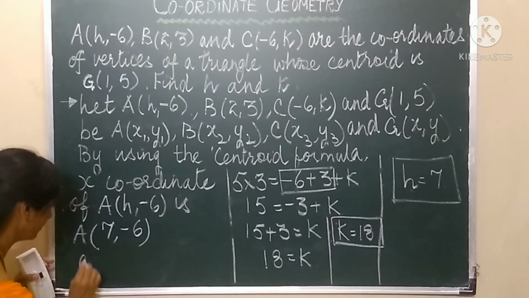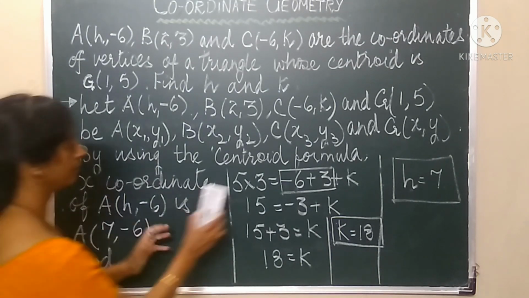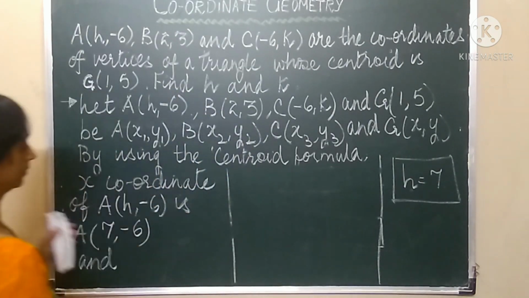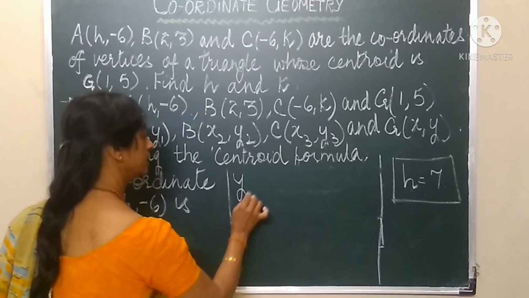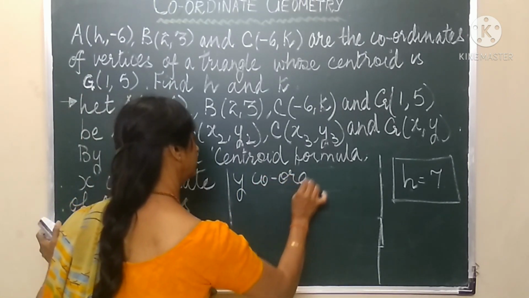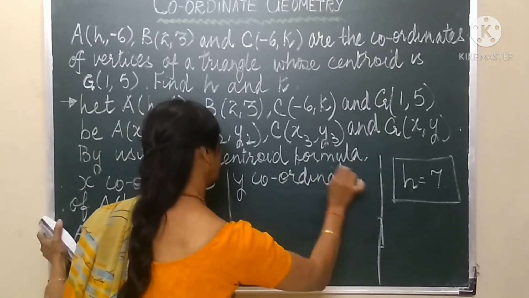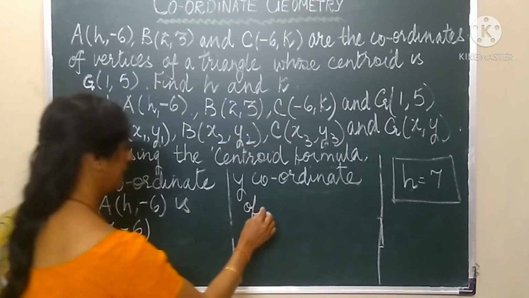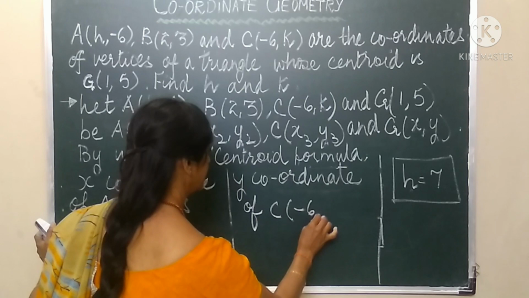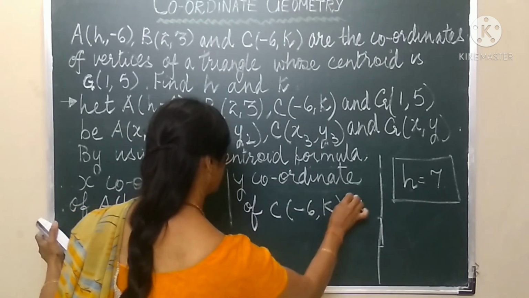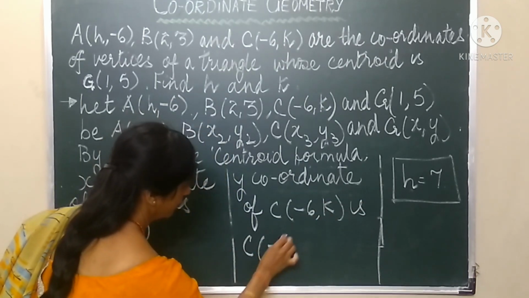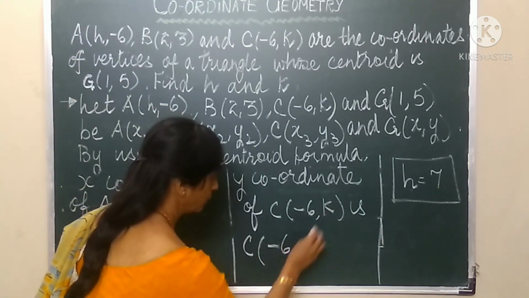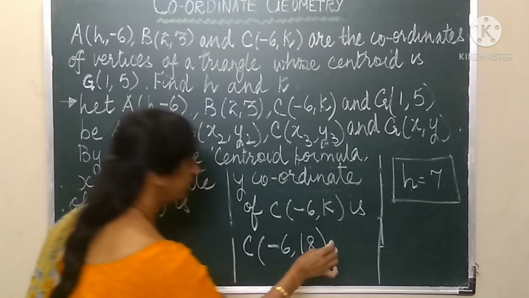And the y coordinate of which point? C, that is k. C has x coordinate minus 6, and the y coordinate, that was k, we got the answer 18.